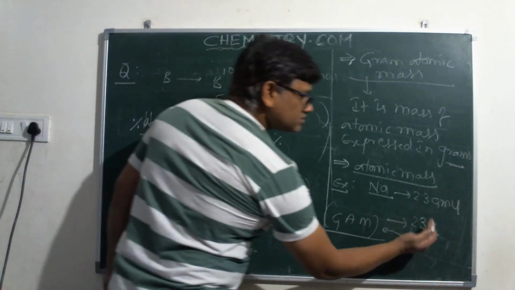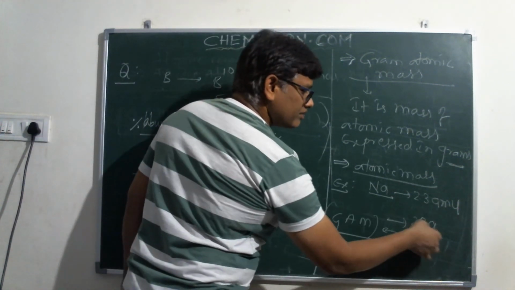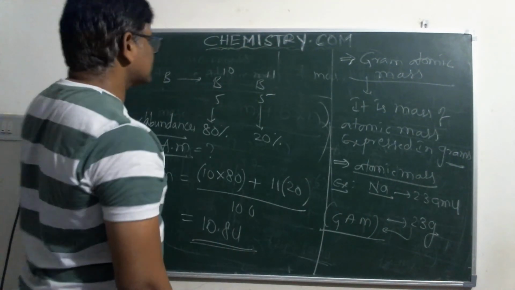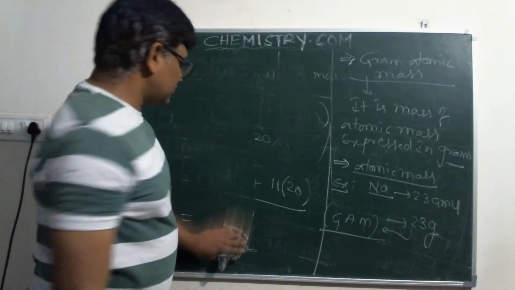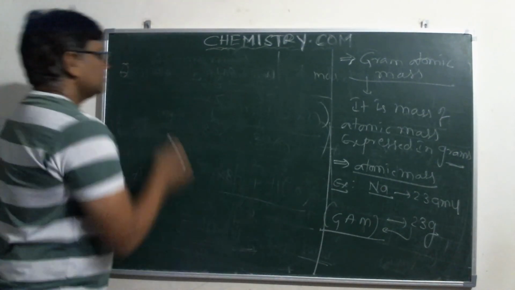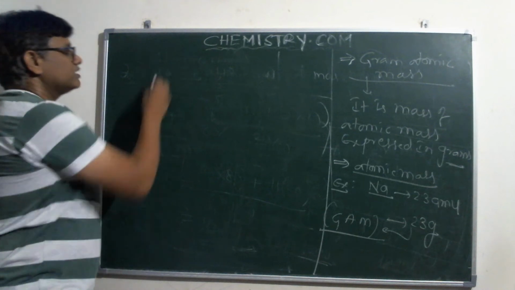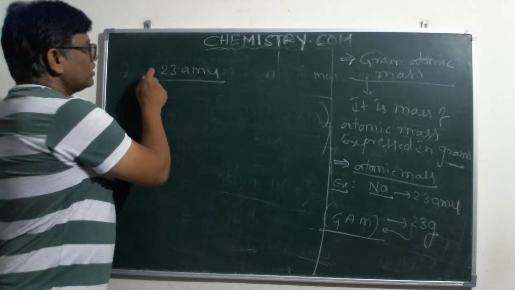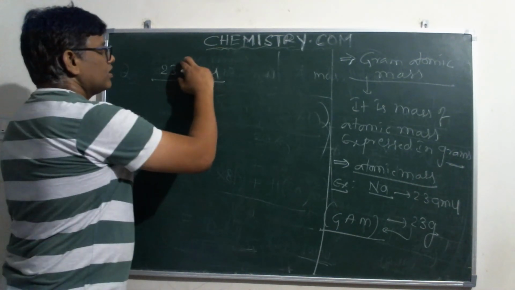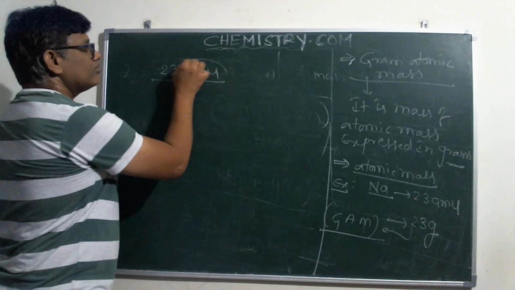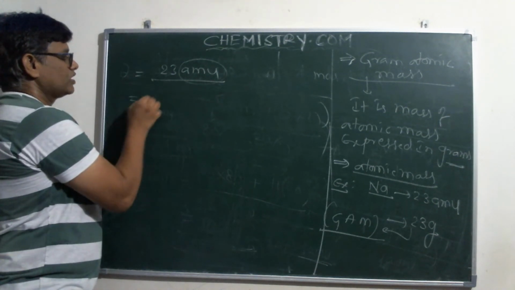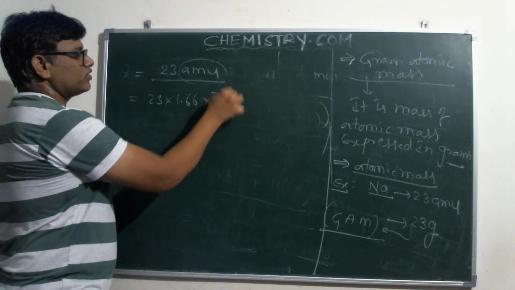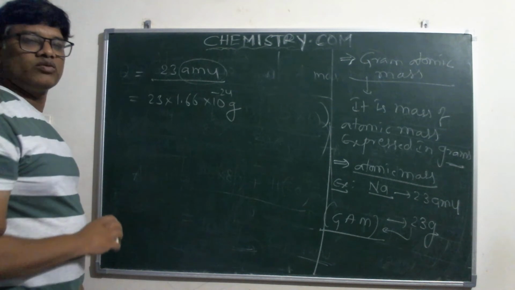Let's see how to replace AMU by grams. Now the atomic mass of sodium is 23 AMU, very important. Now I am converting this AMU into grams: 23 into 1.66 into 10 power minus 24 grams. This is converted into grams.